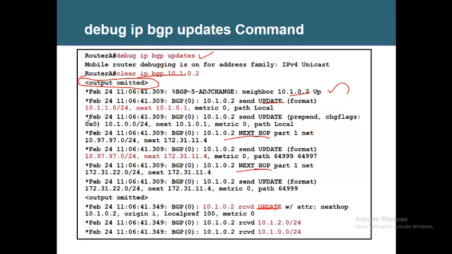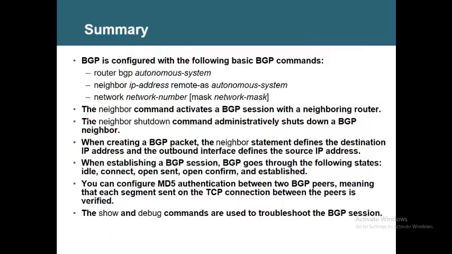So when you refresh BGP by typing clear ip bgp neighbor address, you will start seeing the neighbor getting re-established and all the updates are sent once again to the neighbor. Right, so that's about this chapter.